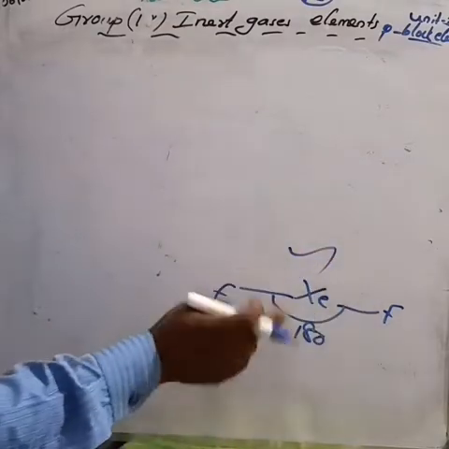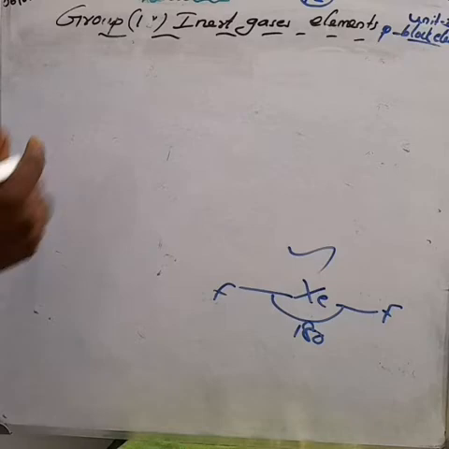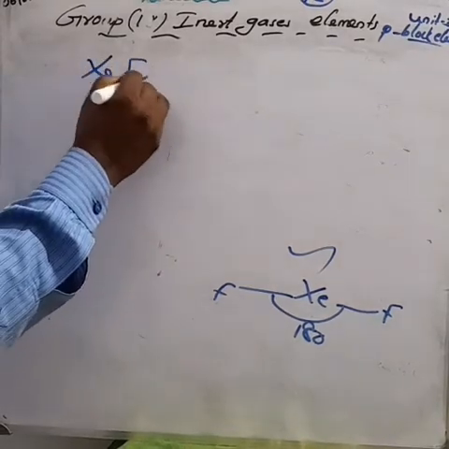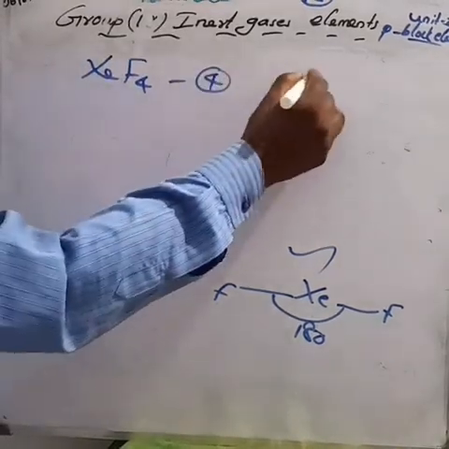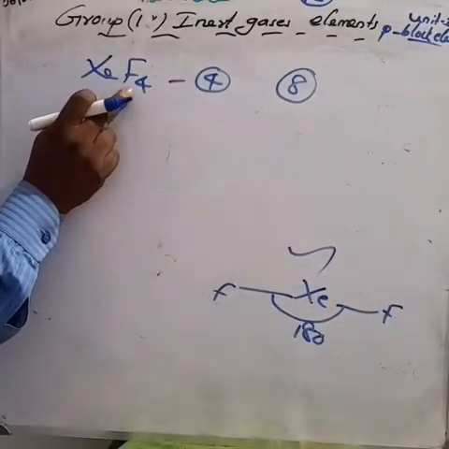Second compound, XeF4. Number of atoms attached: 4 atoms. Valence electrons: xenon has 8.